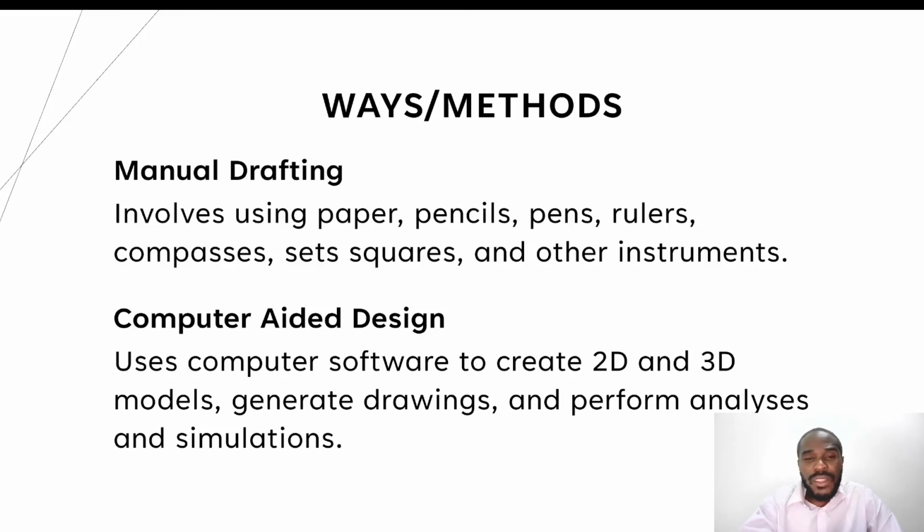So what are the methods of achieving engineering graphics? First is manual drafting, which has been in use for decades and decades. It involves using paper, pencils, pens, rulers, compasses, set squares, and all the drawing instruments that you have in generating these visual representations of the idea that you have.